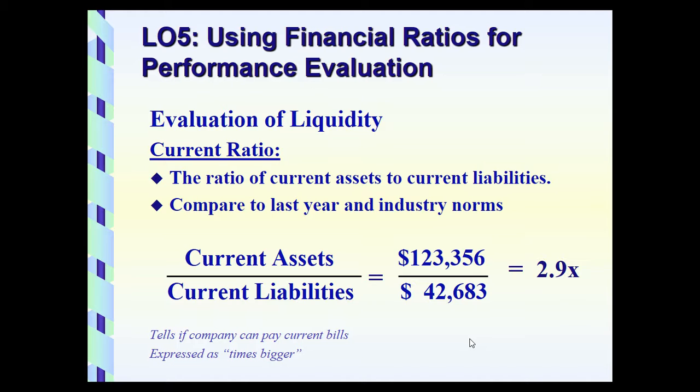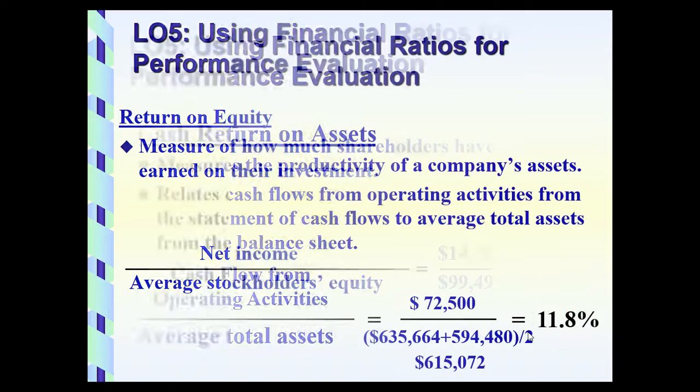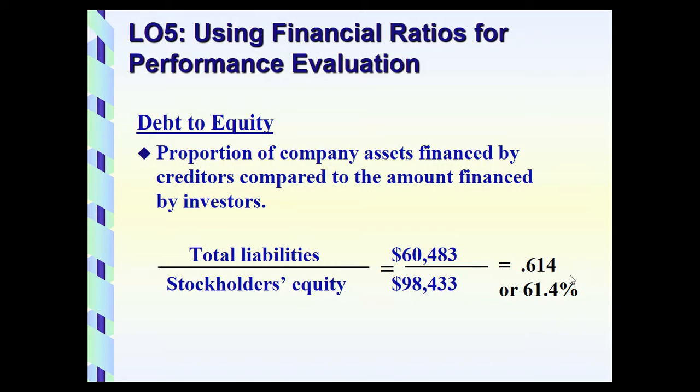So while with our current ratio we're looking to have this be greater than 1, our debt to equity ratio that we looked at a couple of slides ago, we would look to have this be less than 1. So our total liabilities being less than 1. But again, it depends on the industry. Some industries are highly leveraged typically, and that would be what would be considered a norm in that particular industry.